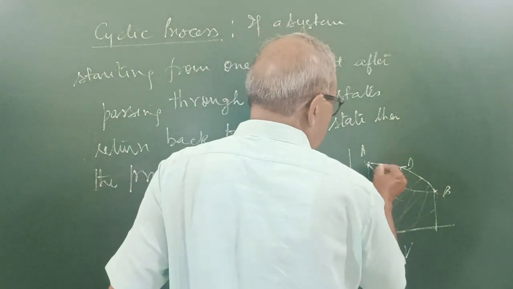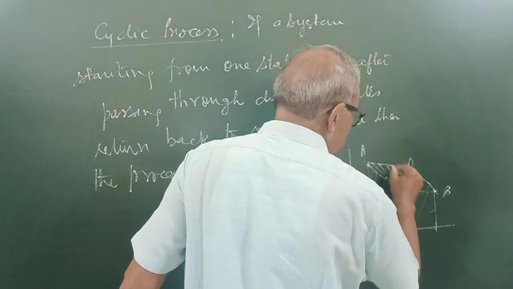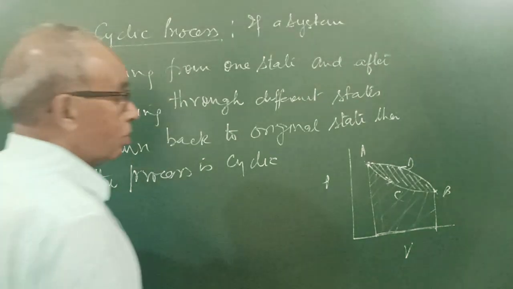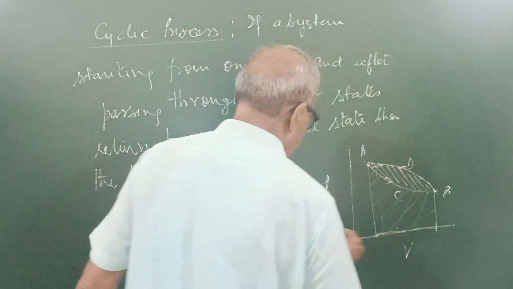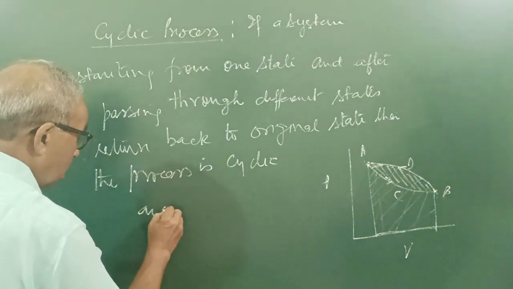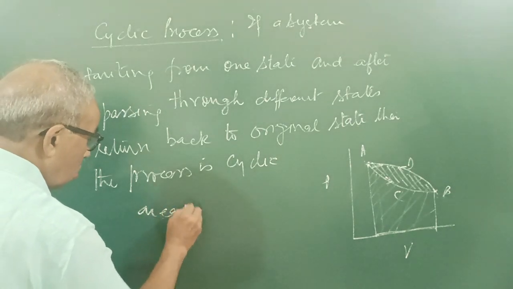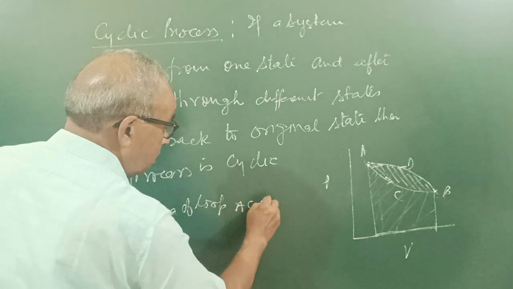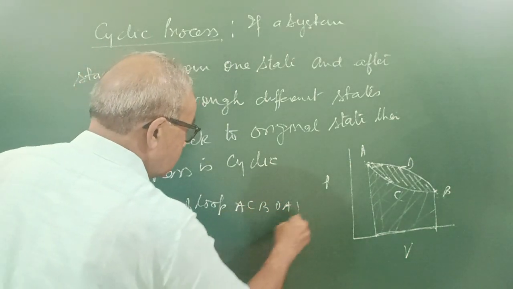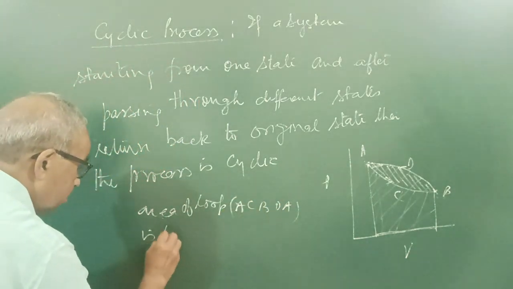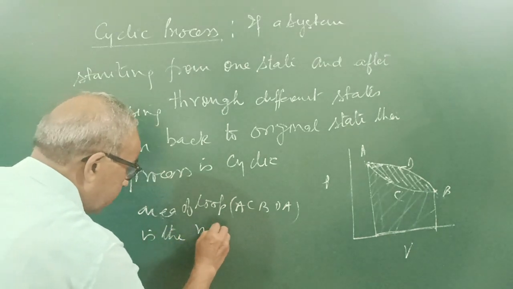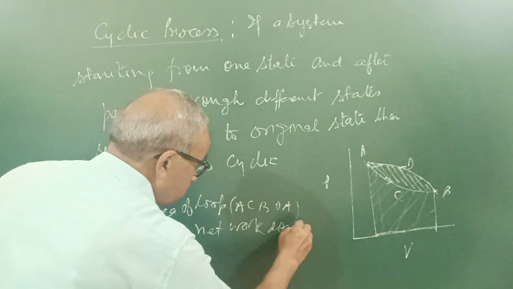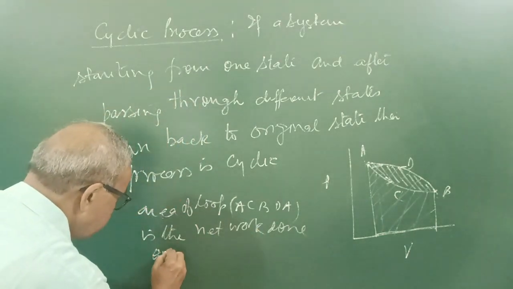So the net area of this loop, A, C, B, D, A, will be the net work done on the system.